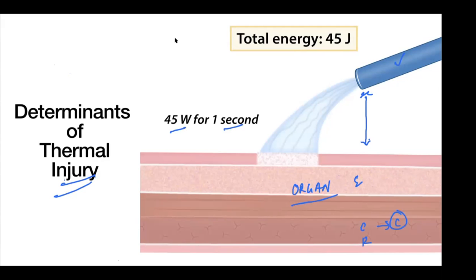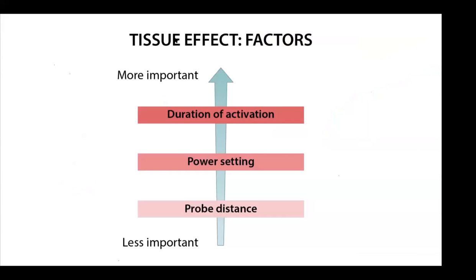So all of these factors make a difference: how long do you apply the current, the amount of wattage that you set, where do you set your probe, and which part of the gut are you treating. Let us talk about which of these play a role. All of them play a role.